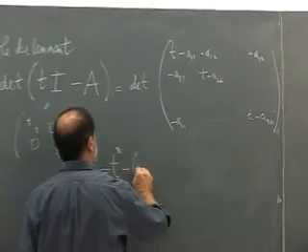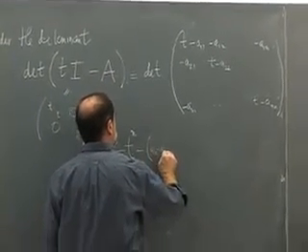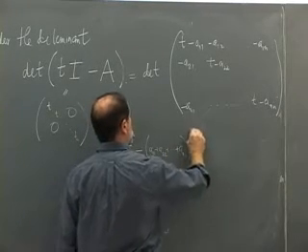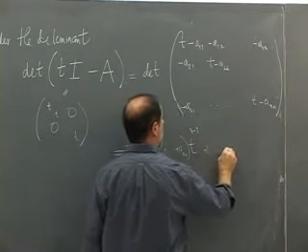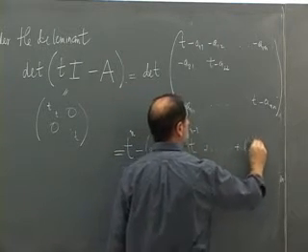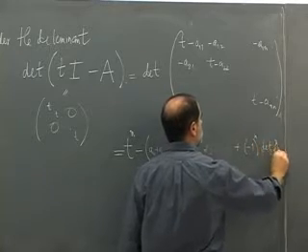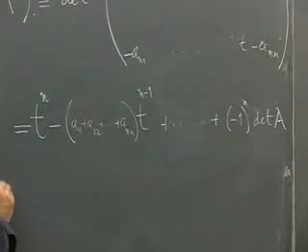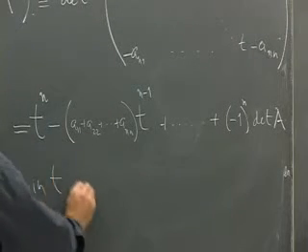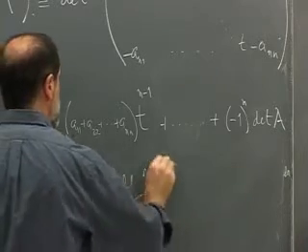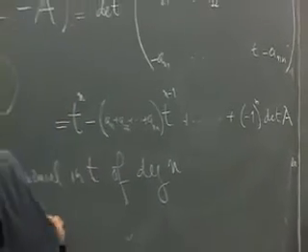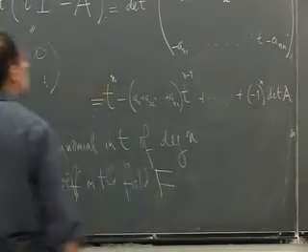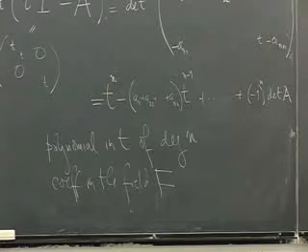The next term turns out to be minus (A11 plus A22 plus ... plus Ann) t to the n minus 1. And then you have more terms. And then the last term turns out to be plus or minus 1 to the n times the determinant of A. It's a polynomial in t of degree n with coefficients in the field F. Okay?